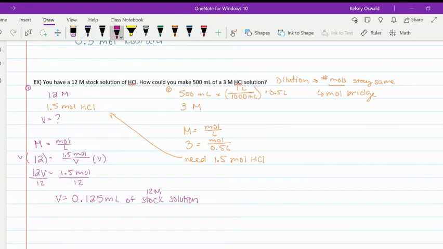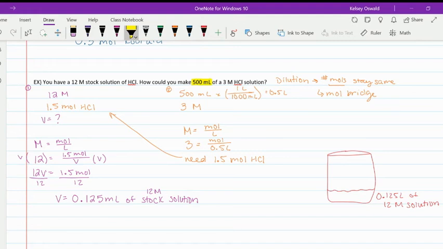So in my beaker, I would want to add 0.125 liters of my 12 molar solution, because that is the amount of solution that has the 1.5 moles that we need. However, if we look at this problem, we want a total volume of 500 milliliters.